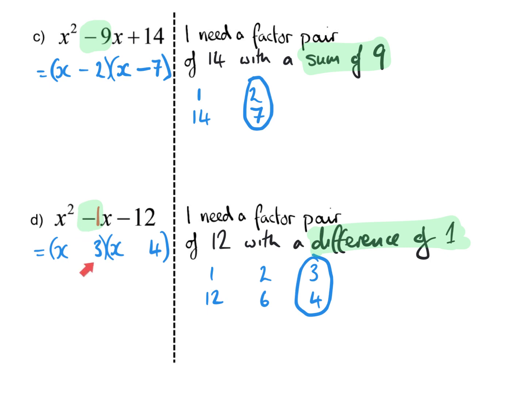So if I start off with positive 3 and I take away 4, that would give me negative 1. So I want that to be positive 3. And I want this one here to be negative 4. And we'll just check that works. So again, ignoring the x in the brackets, just looking at this positive 3 and this minus 4, that's positive 3, take away 4, which is negative 1. So again, that's fully factorised.